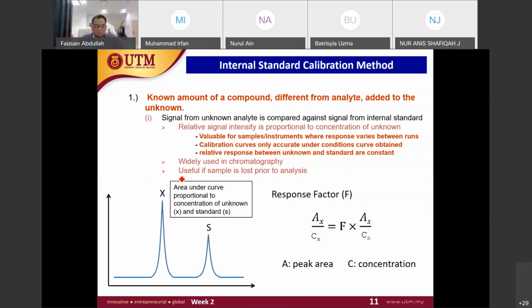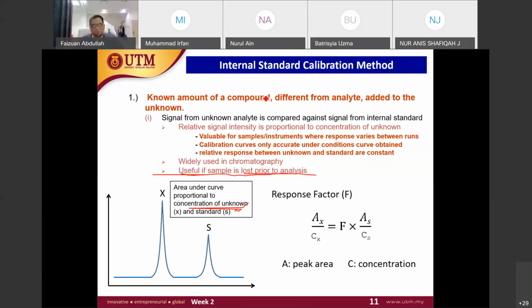Remember this keyword: the internal standard calibration method is useful if sample is lost prior to analysis. The area under the curve is proportional to the concentration of unknown and standard. From this we get the response factor, and C for the concentration.